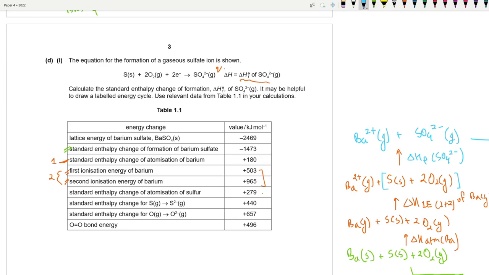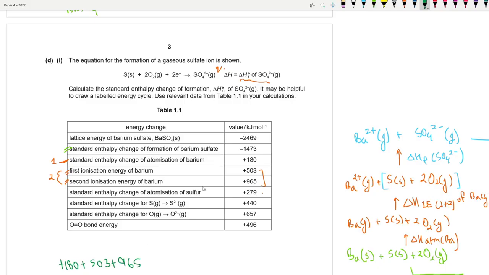So if you just follow the arrows, if you focus, there are two routes. There is one direct route over here, or there is the detour. So if you add those routes up, they're going to add up. Okay, so atomization of barium, how much is that? Plus 180 plus the first and second IE of barium plus 503 plus 965.